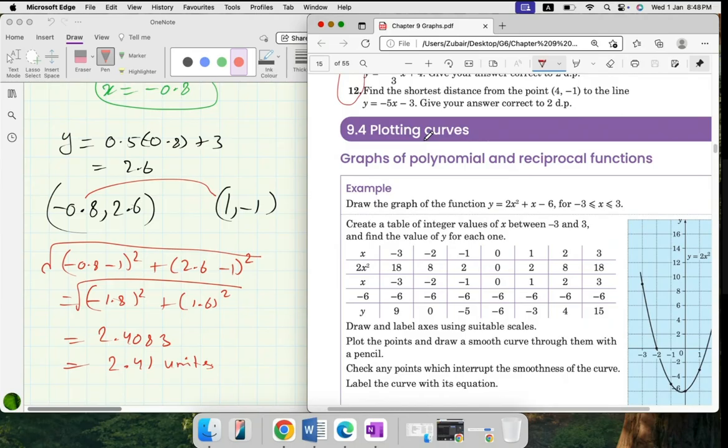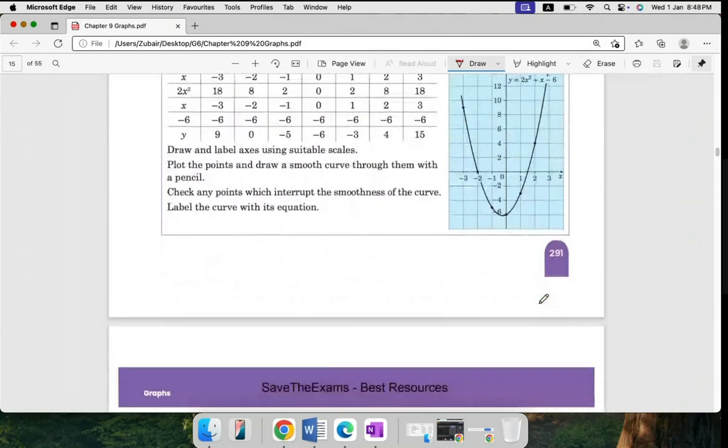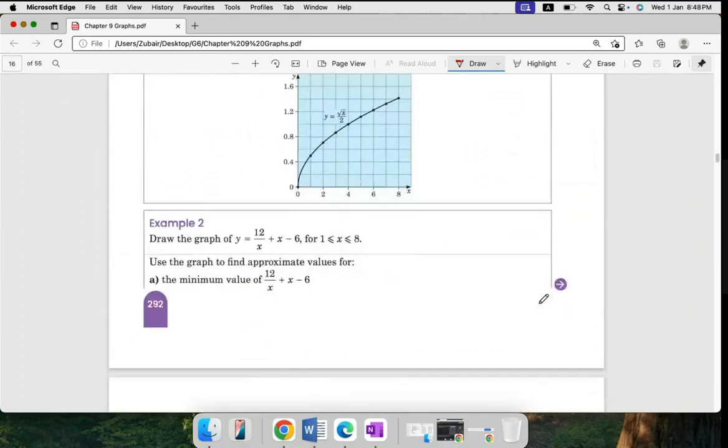Just like we did for straight lines, we will be doing for curves. Exact same method, but definitely it is not a straight line. Substituting the value of x in the given equation, getting the values of y, and plotting and drawing the curve, and there will be a few parts.